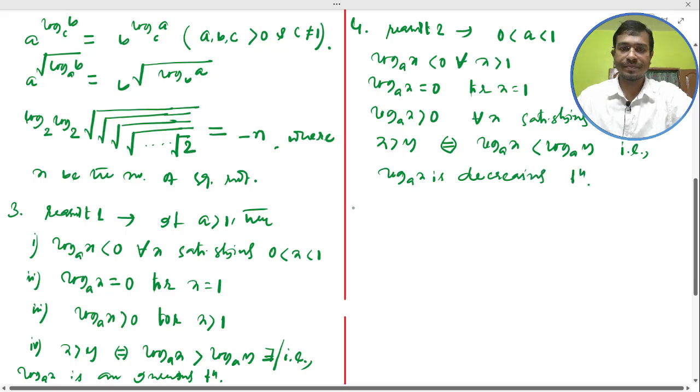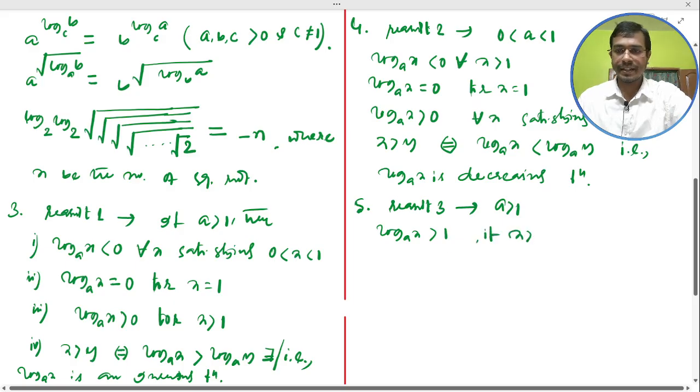Next, result 3: a greater than 1. Log x greater than 1 if x greater than a.